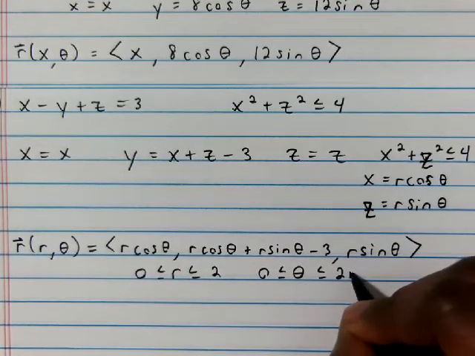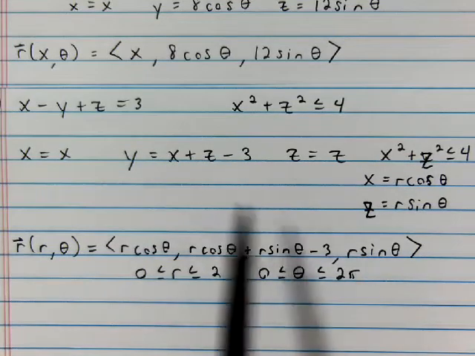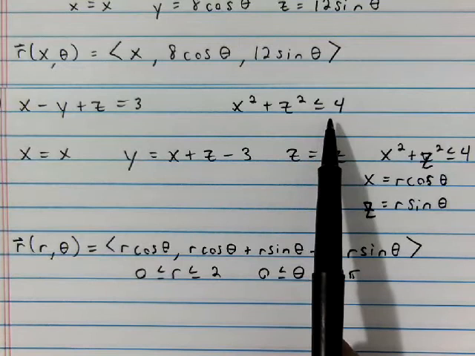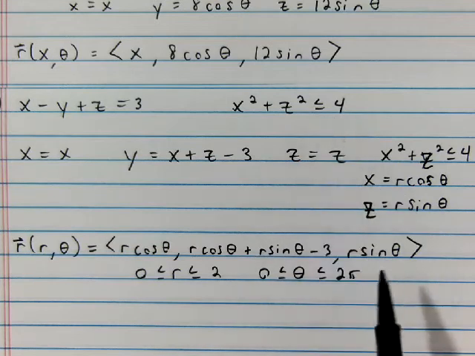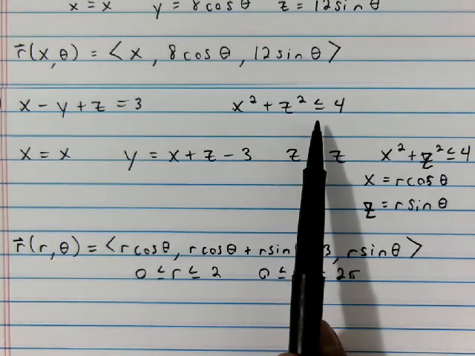So you may wonder, okay, if you had a problem like this, can you leave it like that? I wouldn't advise it, only because with these parametrizations, what we're going to end up doing is having to integrate or do something to try to find surface area, and you're not going to be able to do anything with that at all if you leave it that way.